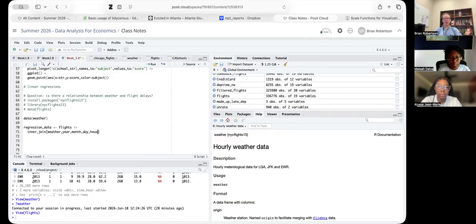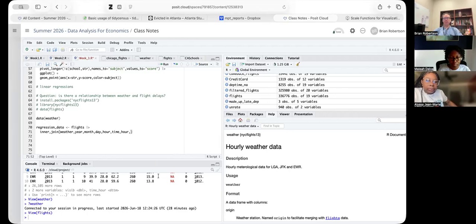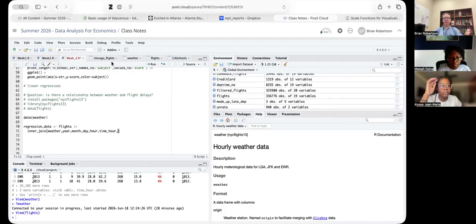I also want to bring in hour, and I also want to bring in time hour, because that's going to give me my complete observation. But I don't want it for everything. I want it specifically for my origin airport. And if you recall, what's in origin airport flights? I'm just going to go down to the console here.